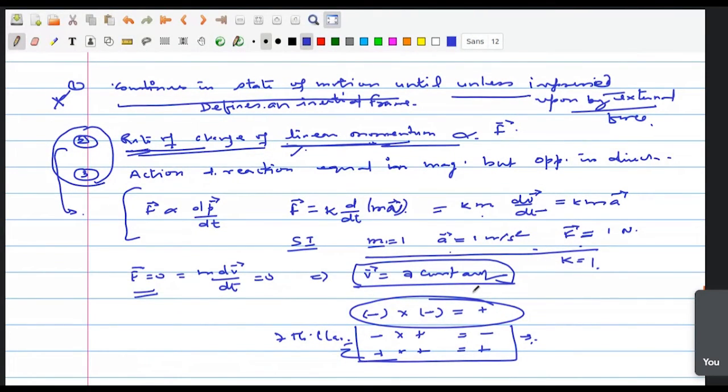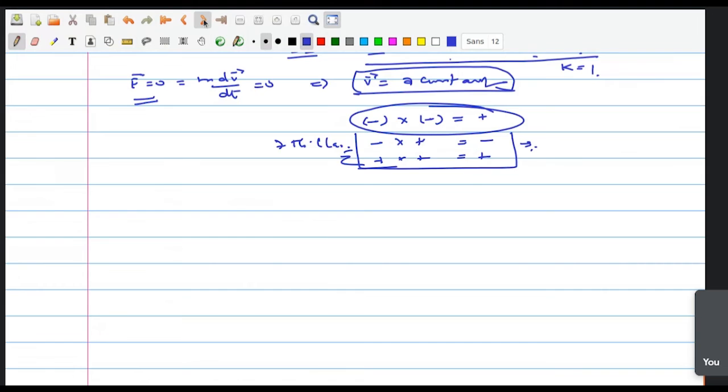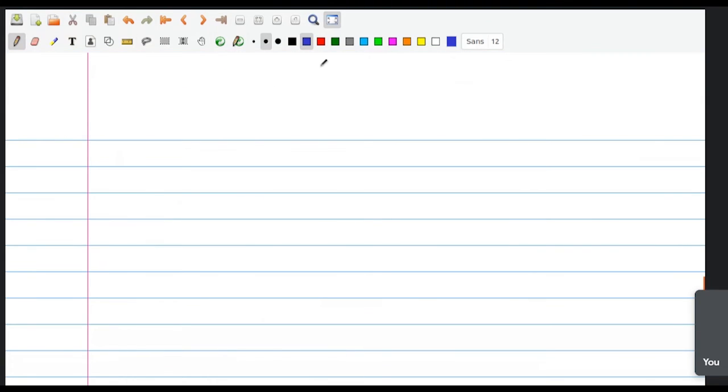So now I directly proceed to the central force motion. Central force motion has three properties.